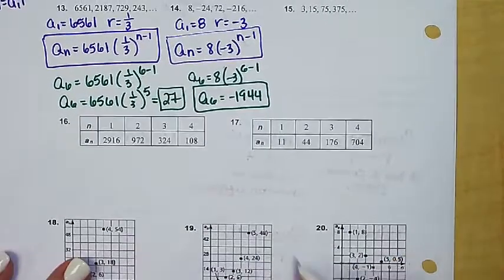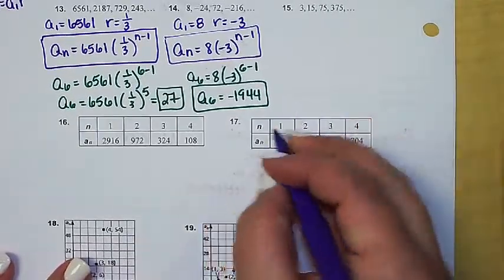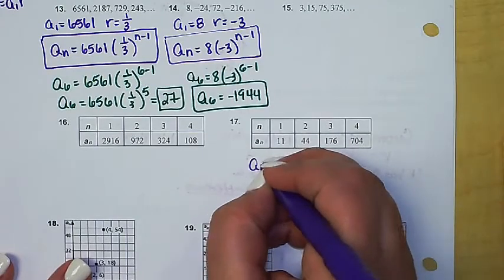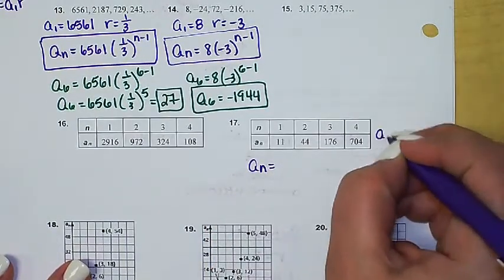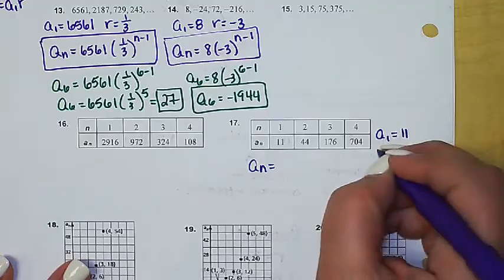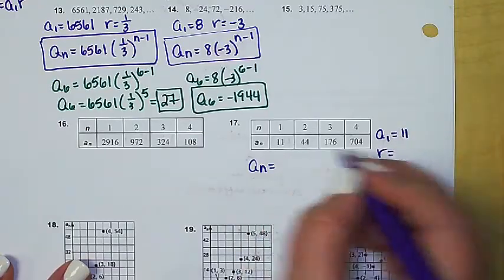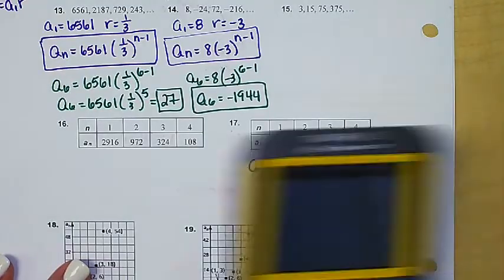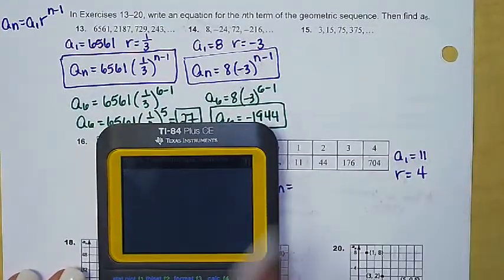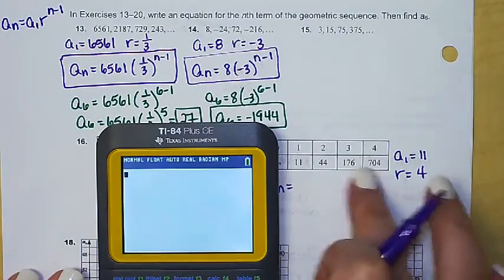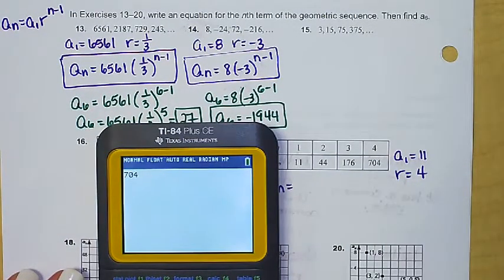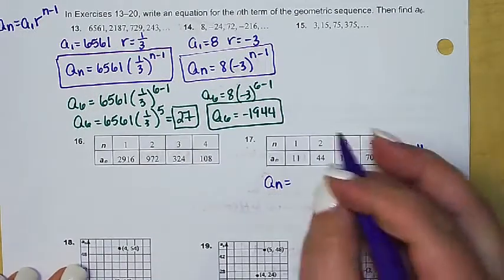So let's do this one right here. If we're going to write the nth term equation, all we need is the first term, which in this case is 11, and the common ratio, which in this case is 4. I already know 44 divided by 11 is 4. I can test it with any other one, like 176, just to make sure I didn't make a silly mistake, but I'm still going to see here that the common ratio for any of these is a 4. That's our r value.